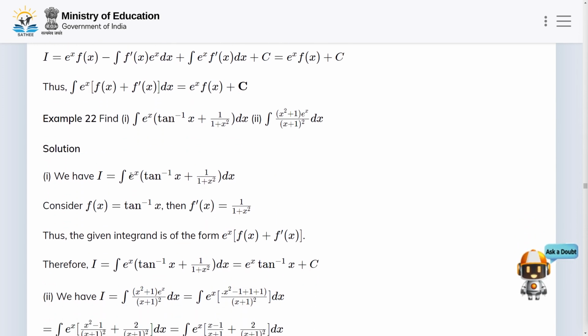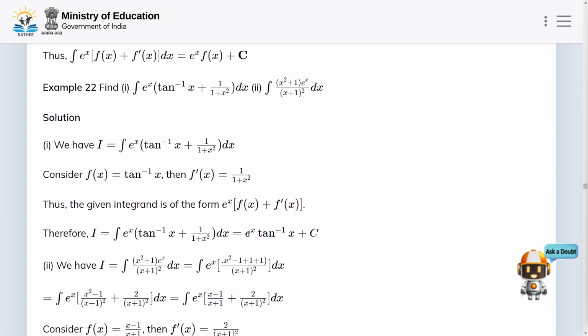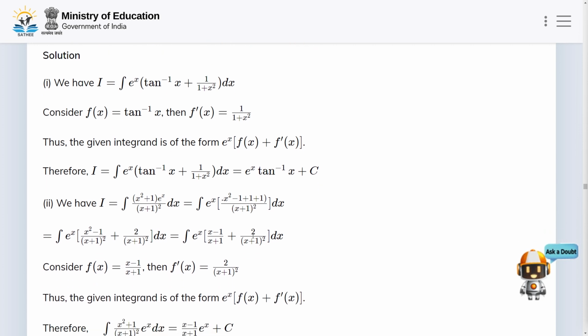So this means e^x (f(x) plus f'(x)) is written, and we know its integral is e^x f(x) plus some constant. So e^x is e^x, f(x) is tan inverse x. So as you can see, your final answer will be e^x tan inverse x plus some constant.